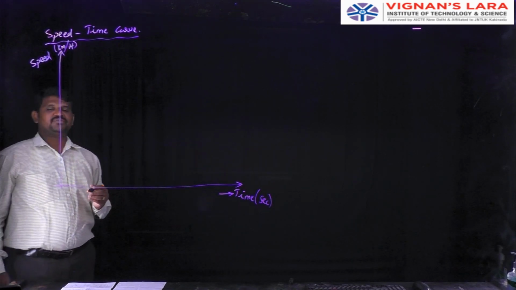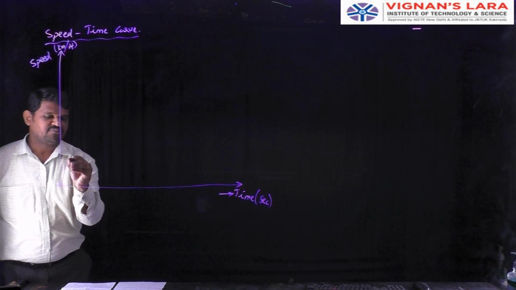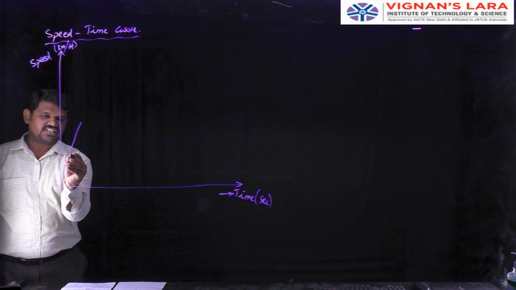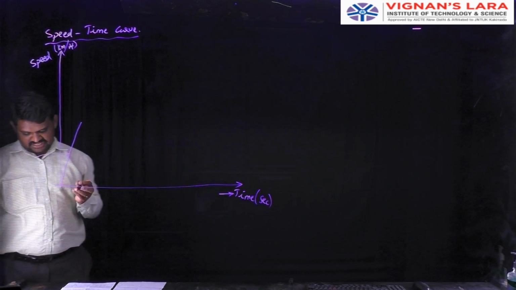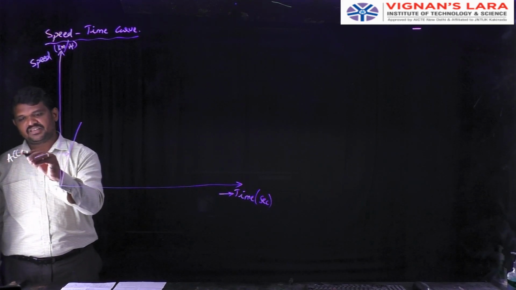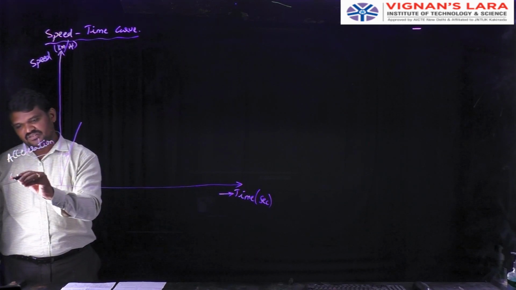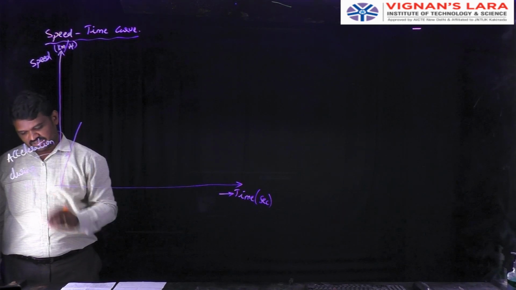The speed time curve has different parts. The first one is the acceleration period, which includes acceleration during notching.